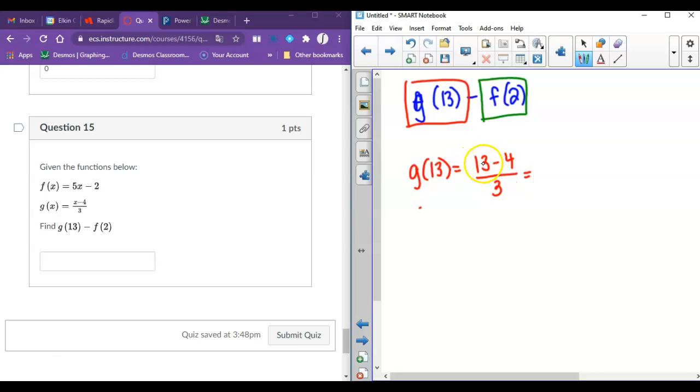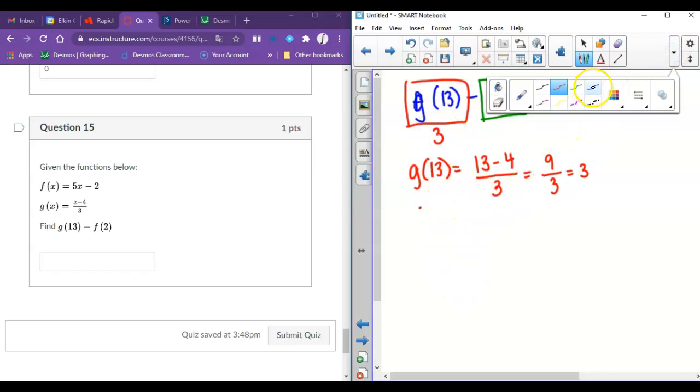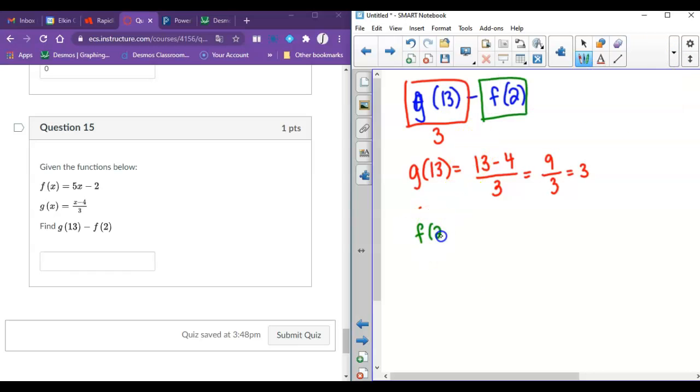So to do this, we'd have to subtract first. 13 minus 4 would give us 9 divided by 3. And 9 divided by 3 is 3. So our g of 13 is 3 right here. And we're also going to find f of 2, which means we're plugging 2 into that f function, which is 5 times 2 minus 2.